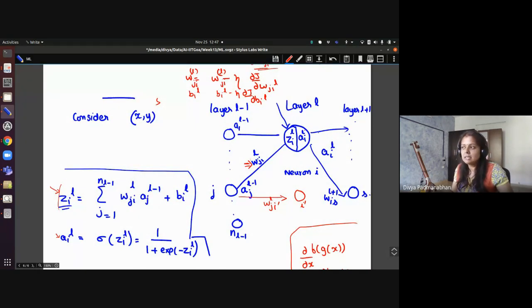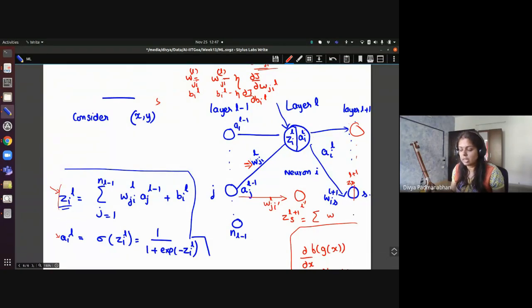Now a^l is going to get invoked by layer l plus 1. So basically all these s's are going to call this, and it's going to get called through z^s of l plus 1. Remember z^s of l plus 1 is going to have all the components from layer l.